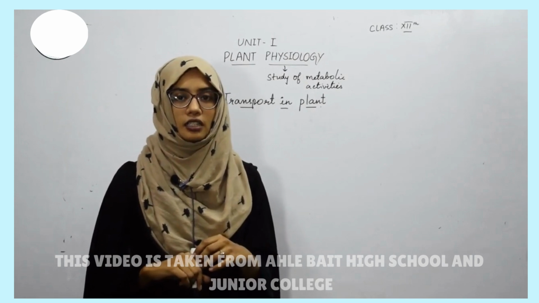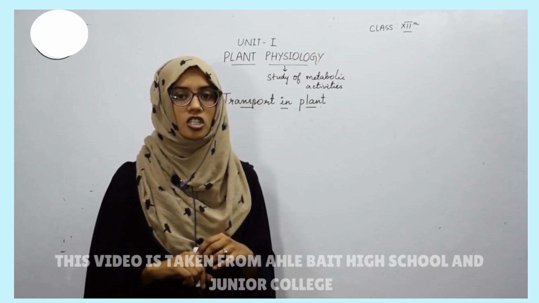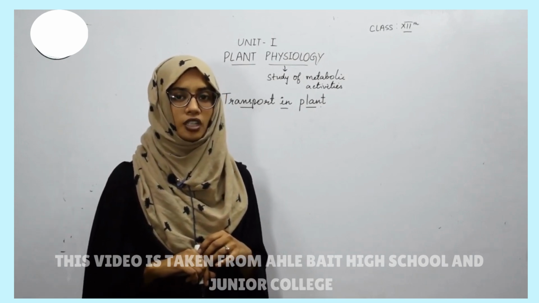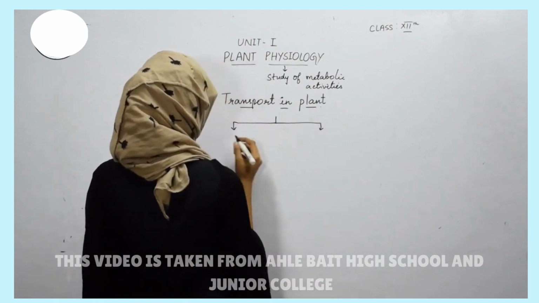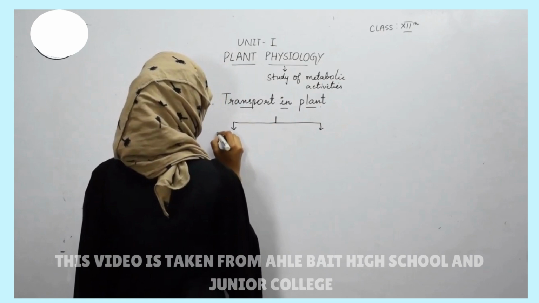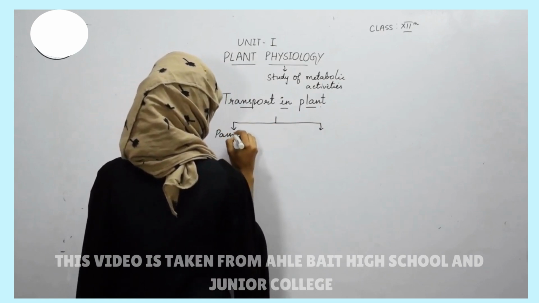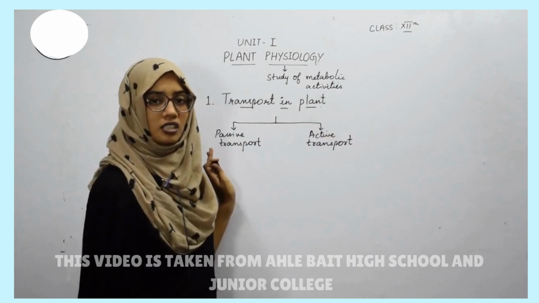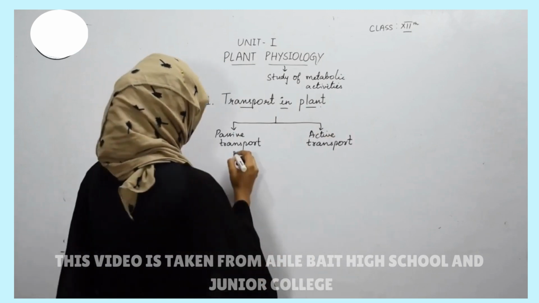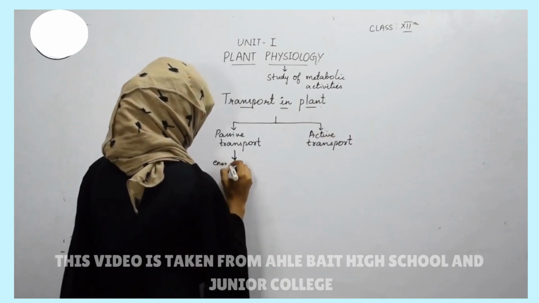Now let us see the various means by which the materials are transported in a plant body. There are two means: passive transport and active transport. Passive transport is a type of transport in which energy is not required.